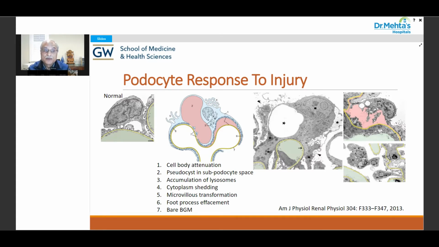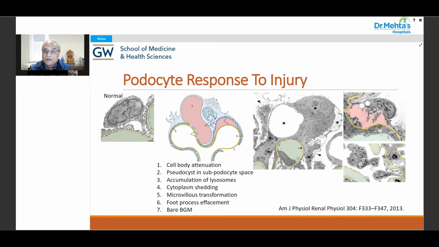This is a normal podocyte. Very nice, what I call a proud podocyte, with a nice large nucleus and foot processes. Now, if you look at this particular podocyte, it's kind of shriveled up. It has a large cystic structure in the subpodocytic space. It has villous transformation of the cytoplasm all over and fragmentation of the cytoplasm.